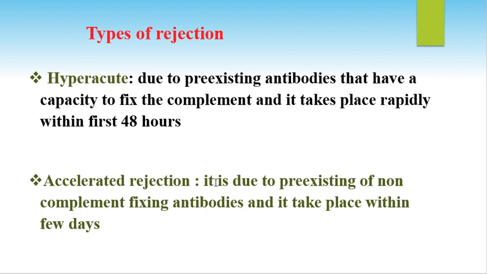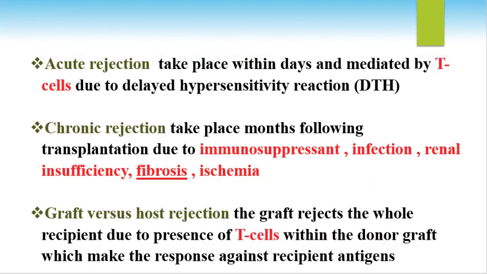Accelerated rejection is due to pre-existing non-complement fixing antibodies, and it takes place within a few days. Acute rejection takes place within days and maybe up to 6 months, and is mediated by T cells due to delayed hypersensitivity reaction.